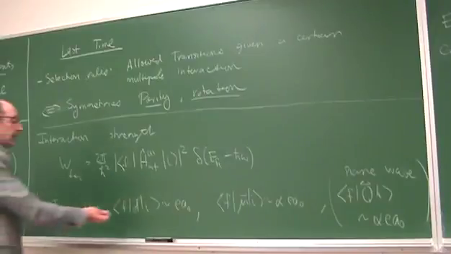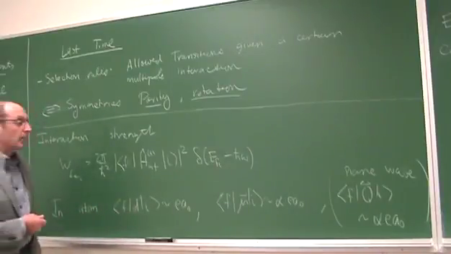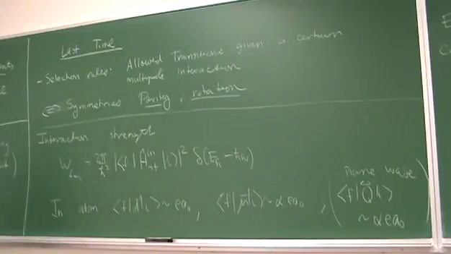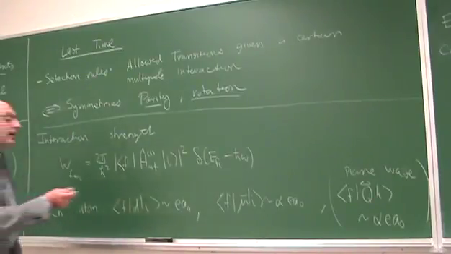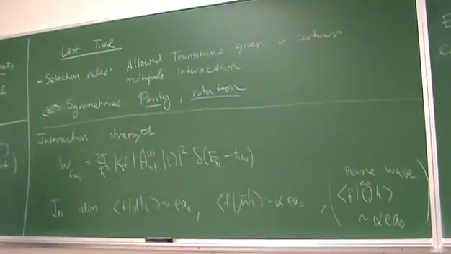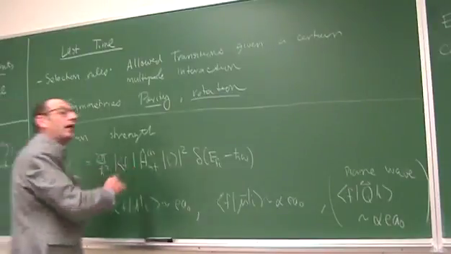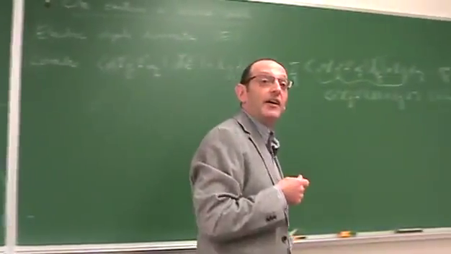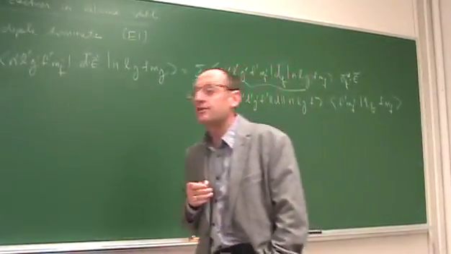So we have an electric dipole, which is on the order of the Bohr radius in atomic units, but the magnetic dipole moment is reduced by a factor that's on the order of the fine structure constant. So the square of this matrix element will be reduced by something like the square of the fine structure constant.